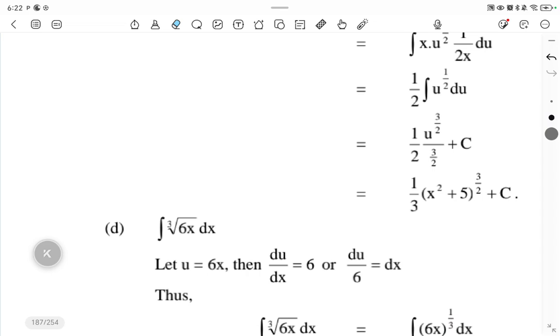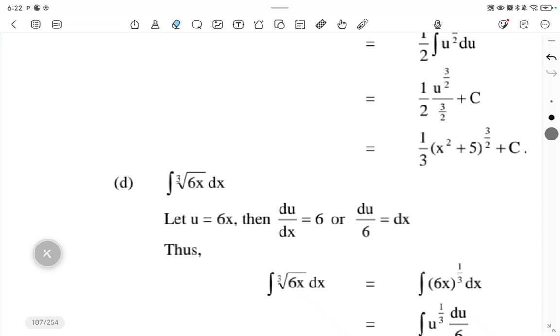So meaning that when we let the inside of this be u, now I'll derive this. When I derive it, I'm going to have du is equal to 6 dx. You see, right?